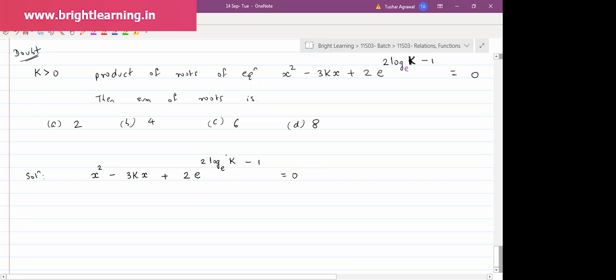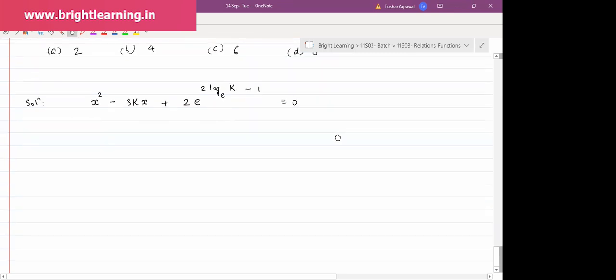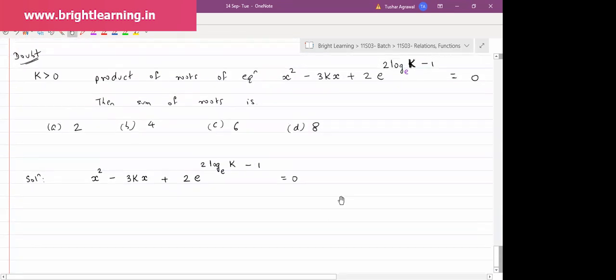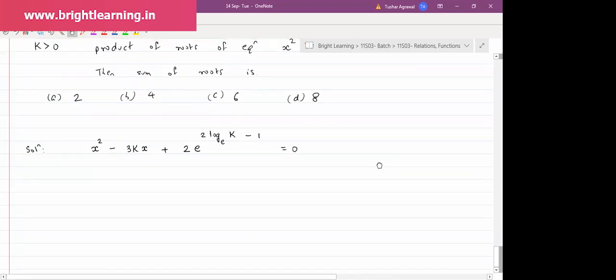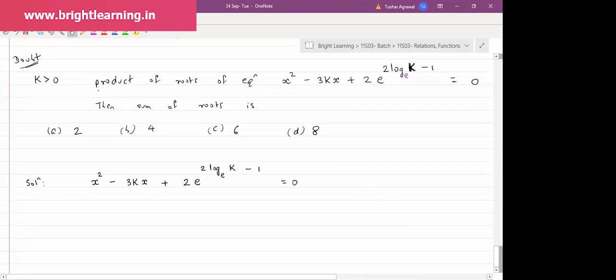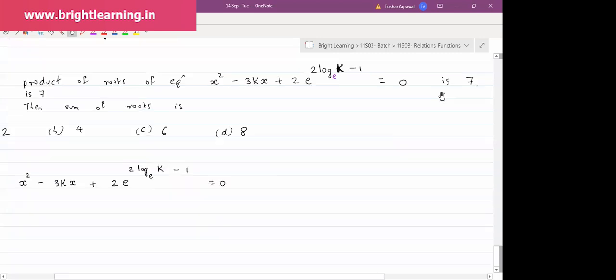This log of k to the base e, I could have also written ln k. That also means one and the same thing. I have told you this part in logarithm, common log and natural log. Yes or no? Yes, sir. So now the product of the roots is 7, correct? Product of the roots is 7. They have given in this part.